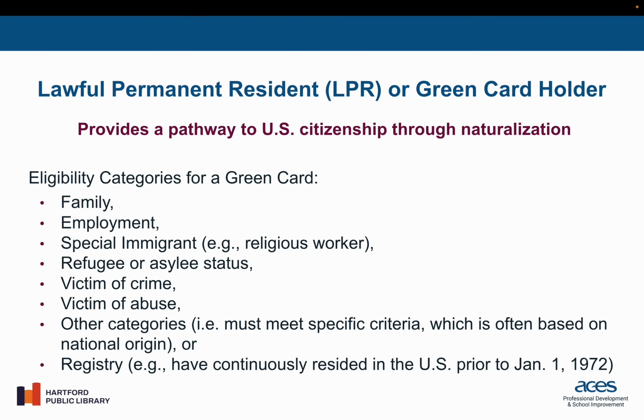The two most common eligibility categories are family-based and employment-based. The U.S. Citizenship and Immigration Services website, which will be reviewed in Module 5, provides detailed lists and descriptions of each of the eligibility categories listed above. The Reliable Resources handout also provides a direct link to a listing of green card eligibility categories if you would like to review them at this time.